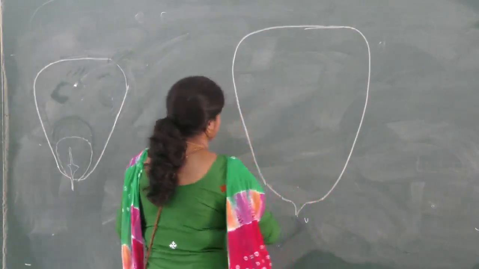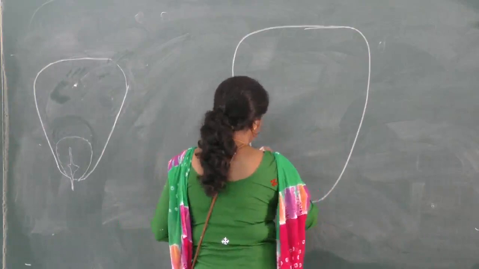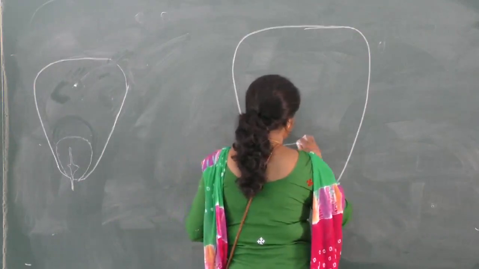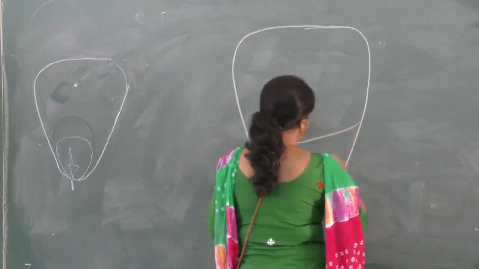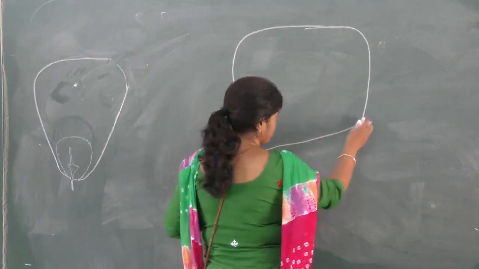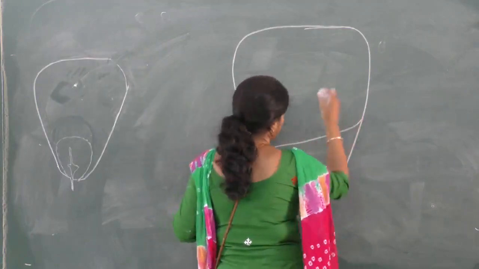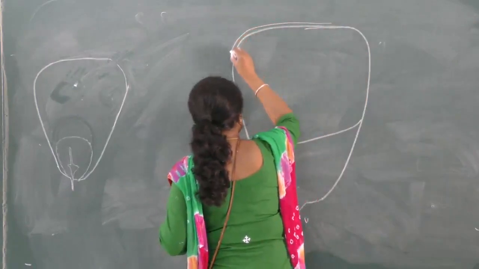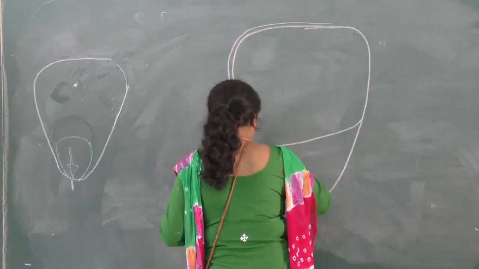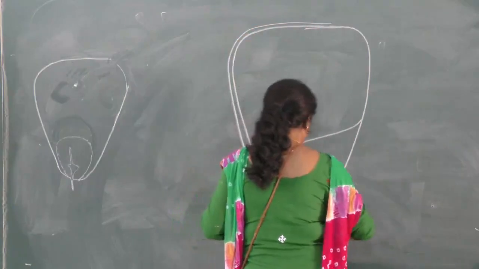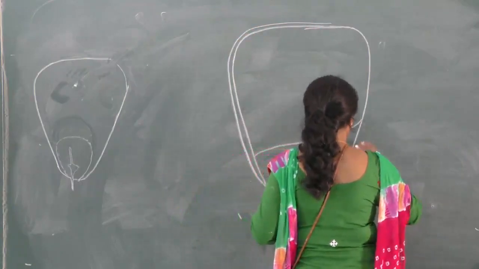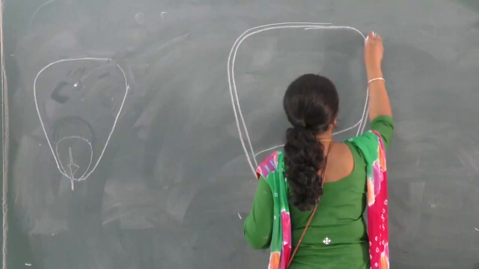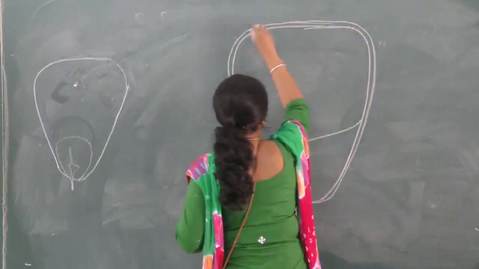So this is the endosperm, and here is present a tiny cotyledon. Outside is present a scaly cover. I have already told you, what is the scaly cover? This is a fused fruit wall and the seed coat.